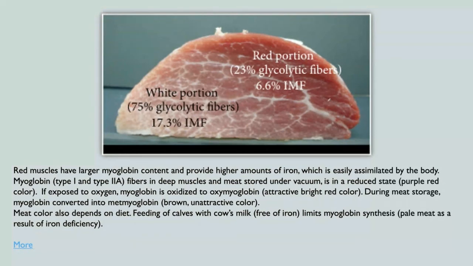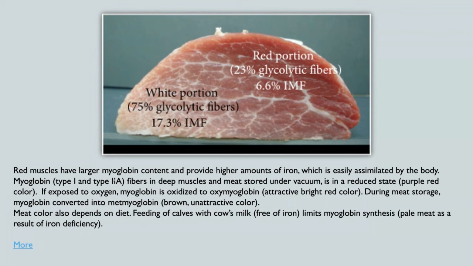Why soft? Because it has mitochondria. Mitochondria are fat. That's why it's very soft. This white part doesn't have mitochondria. It has more collagen and more connective tissue. That part is not very good.